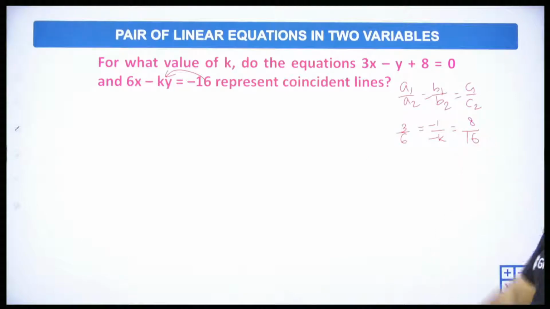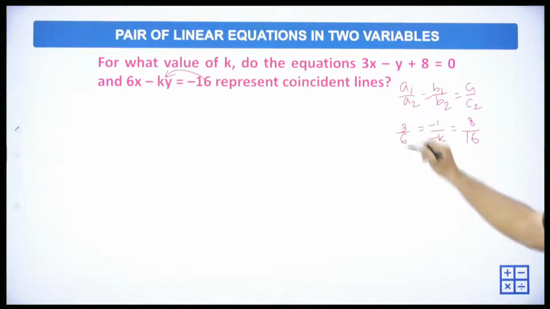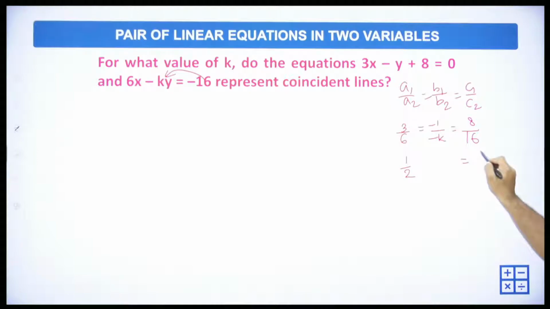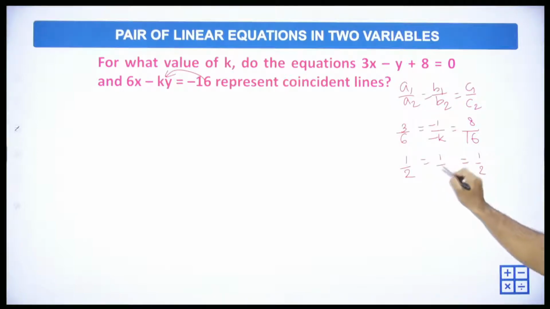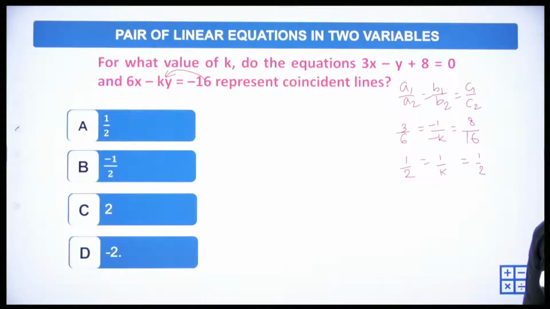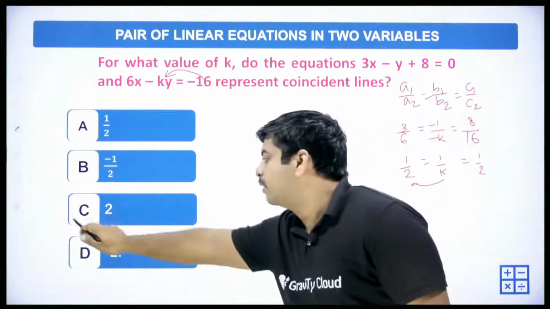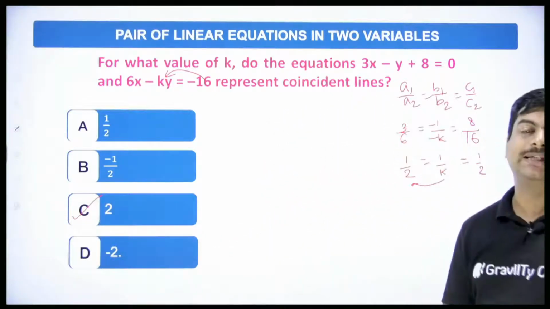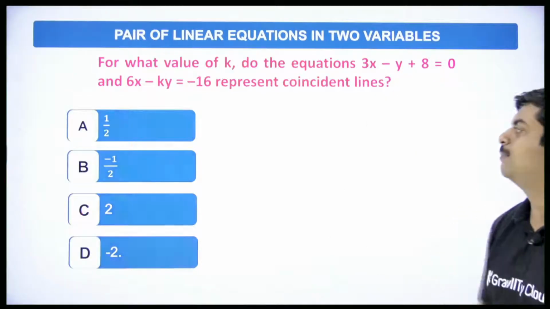So 3 by 6 is 1 by 2, 8 by 16 is 1 by 2, equal to 1 by k. Comparing, you can get the value of k is equal to 2, so that is option C. Right, a very simple straightforward question.